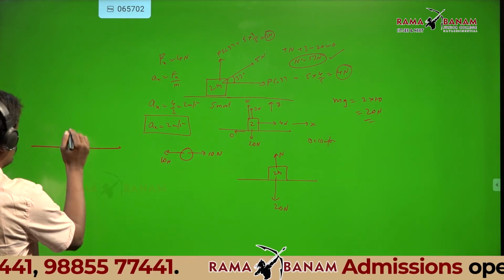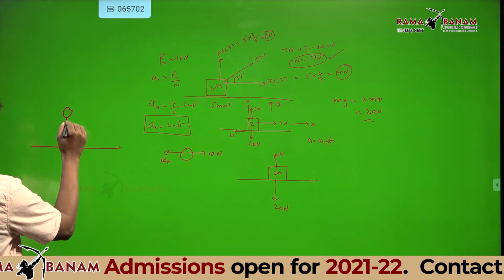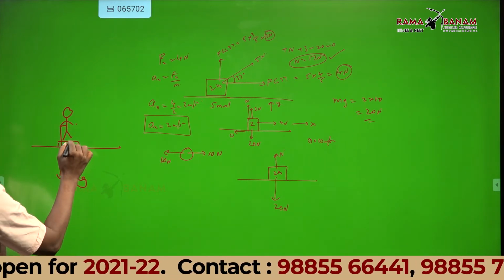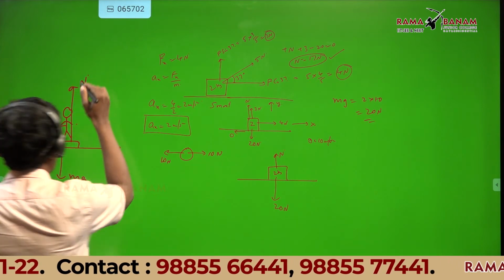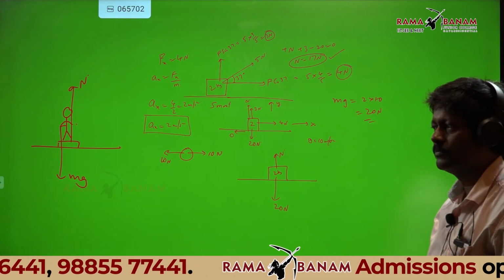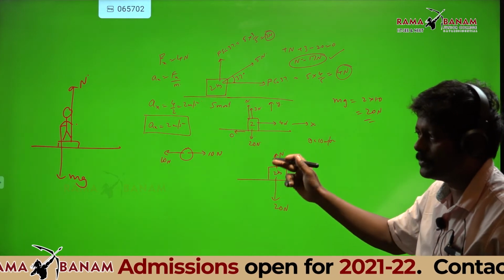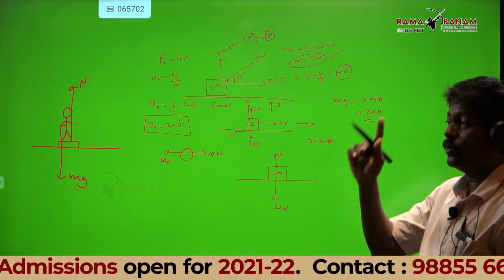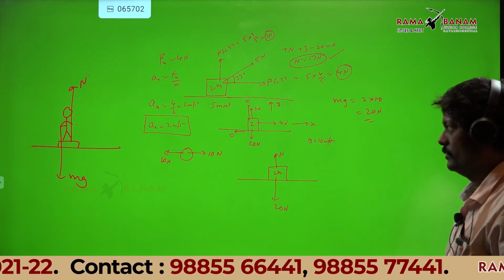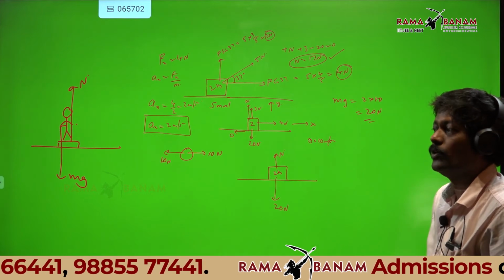Your mg is down, normal reaction is up. Now the normal reaction is the weight of the body, simply because you are standing. But normal reaction need not always be the weight of the body. That is why I said weighing machines record normal reaction.